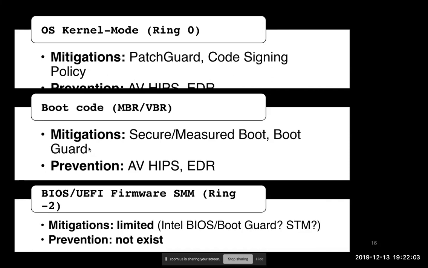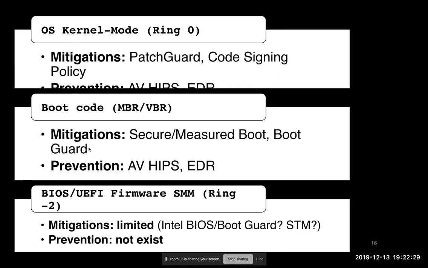So basically, we don't have many mitigations, which we talked about, and if we look at this picture, you can see OS kernel mode has PatchGuard. The Windows operating system has PatchGuard, code signing, and also for prevention, there are multiple endpoints working there.